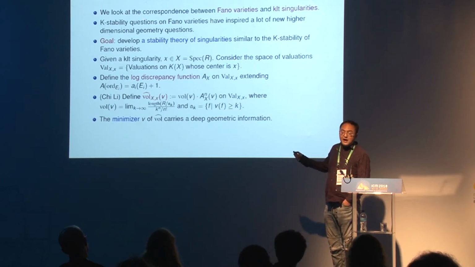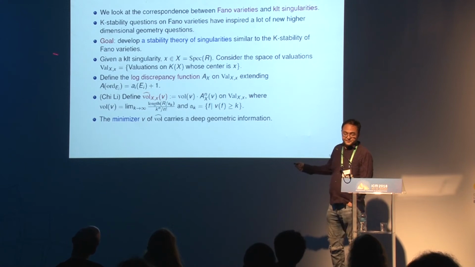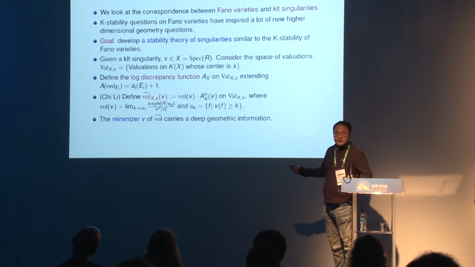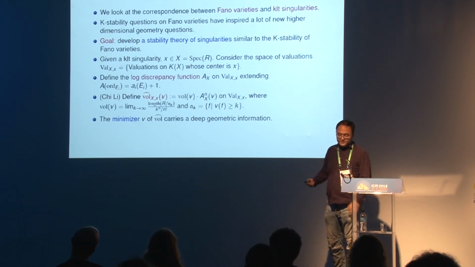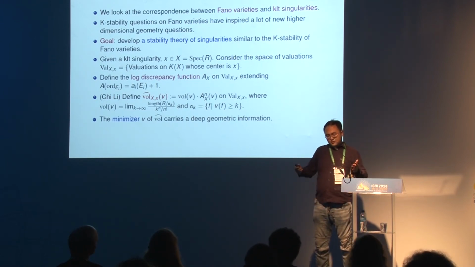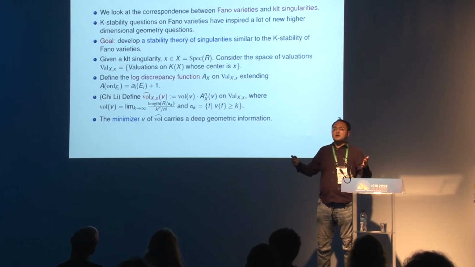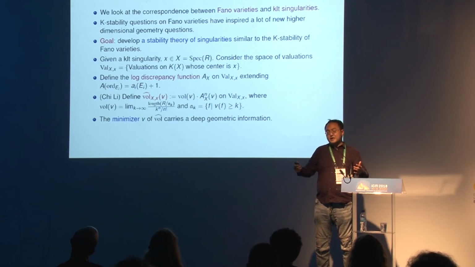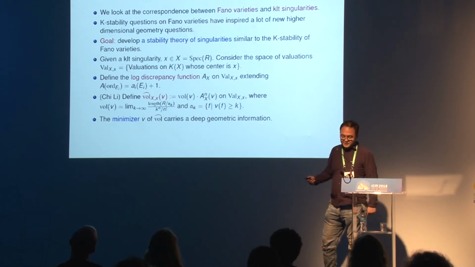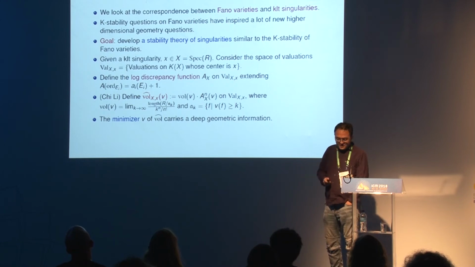Actually, I define it along all the valuations. The divisors of course just correspond to divisorial valuations, and then I try to extend this definition to all the valuations. Because you know that the divisorial valuations, after rescaling, indeed form a dense set in the space of valuations, this can be done.